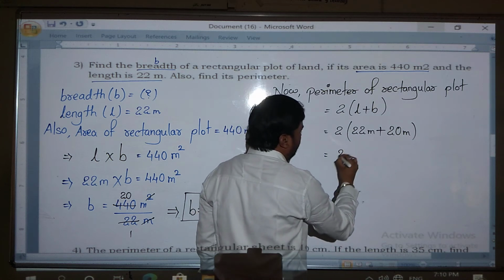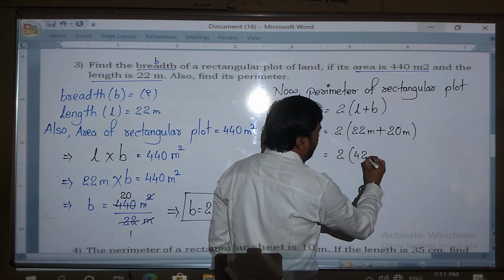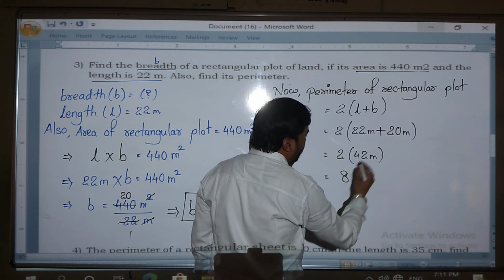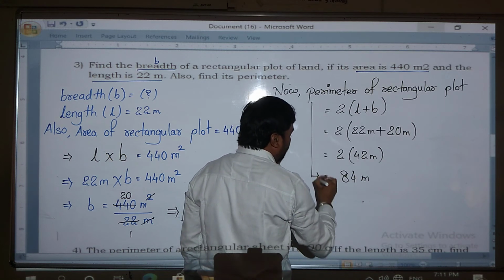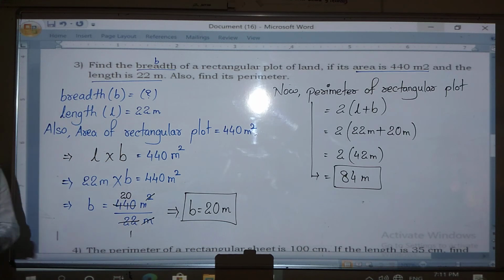So that is 2 times 42 meter, which is equal to 84 meter. So the perimeter will be 84 meter. સમજ પડે છે કે લાઈક સ્ટ્રેટ ફોરવર્ડ સમ છે, એ ખાલી ચેપ્ટર એક્સરસાઇઝ 11.1 માટે છે.